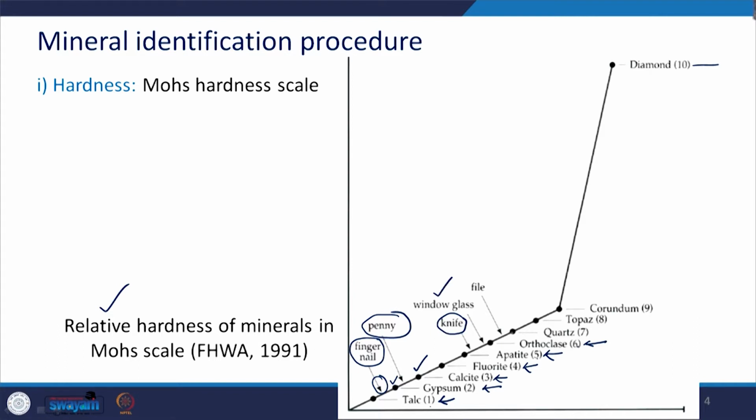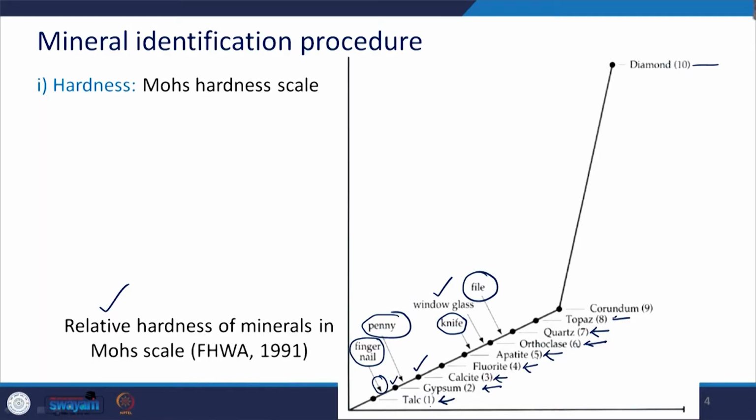The next one is quartz with the relative hardness number 7, and in between orthoclase and quartz the file comes into the picture. That means the file has a hardness somewhere between 6 and 7. It is the relative hardness.